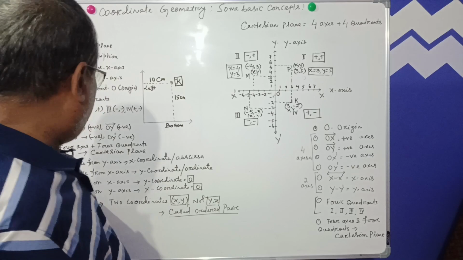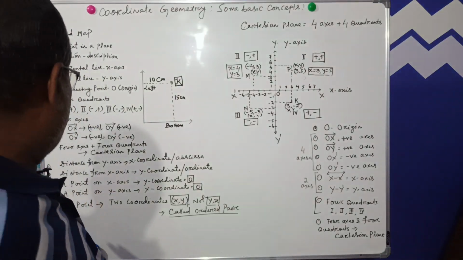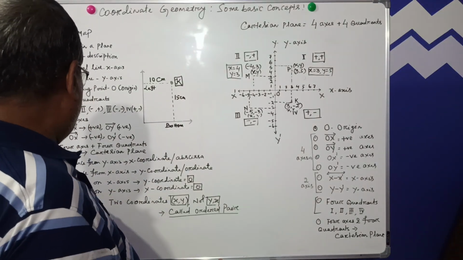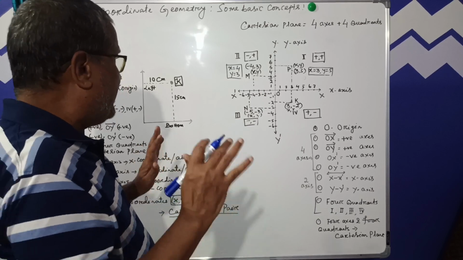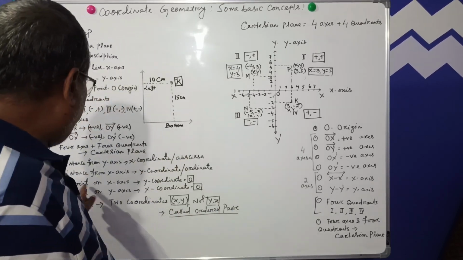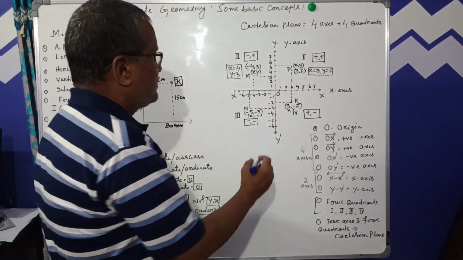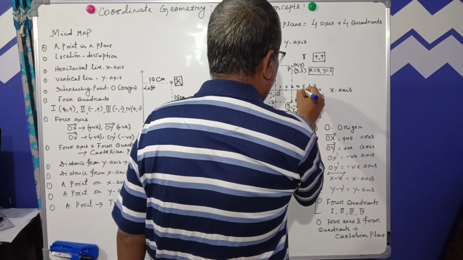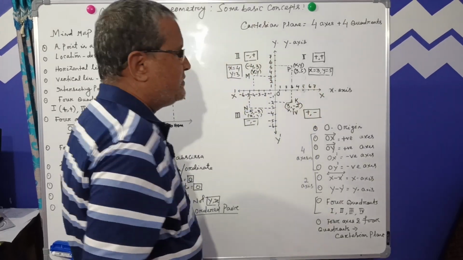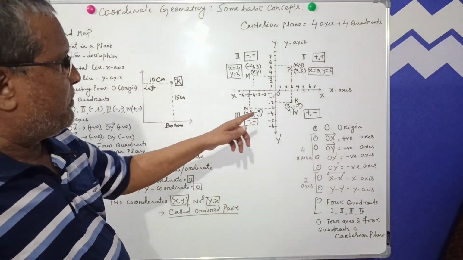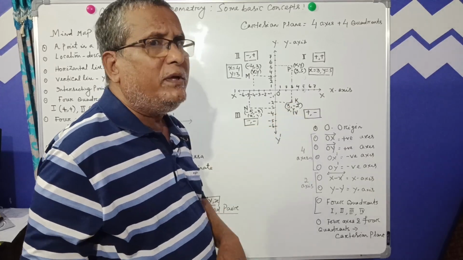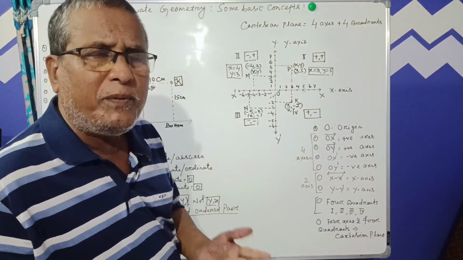Now, another major point we have discussed: a point on the x-axis. Suppose here is a point on the x-axis. A point on the x-axis we can describe by two factors.